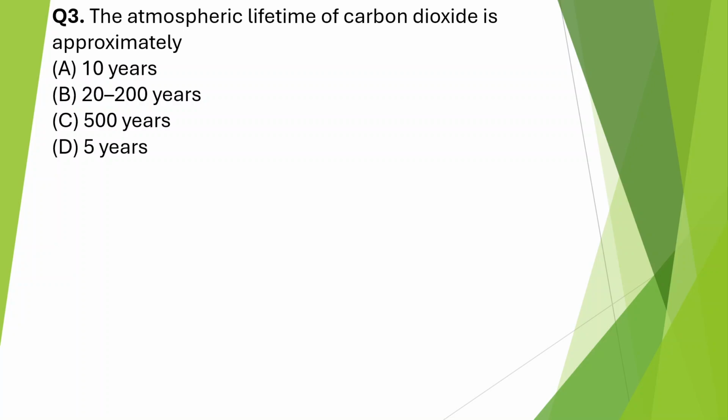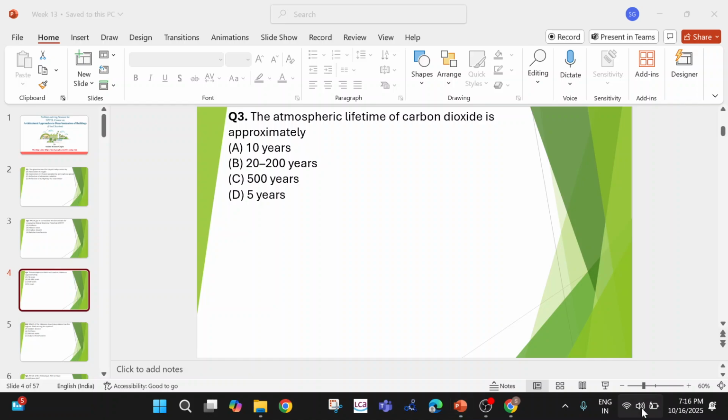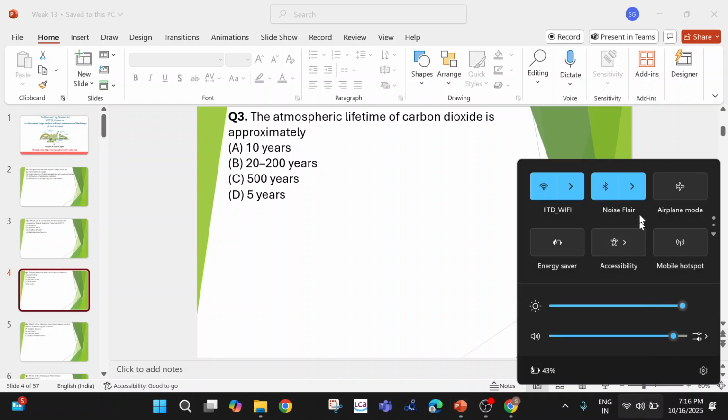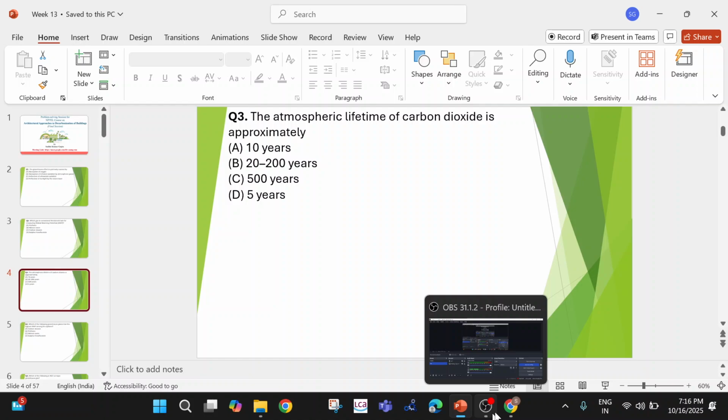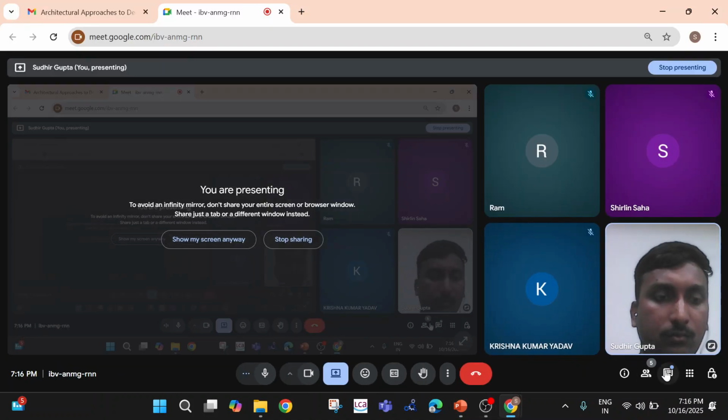Try to give your answers, whoever is willing to answer this question. The question is very straightforward, and I hope most of you will be able to answer it. So I will check. Who knows the answer?